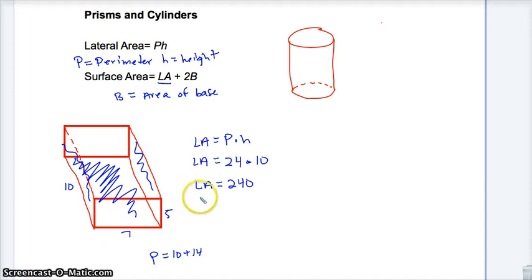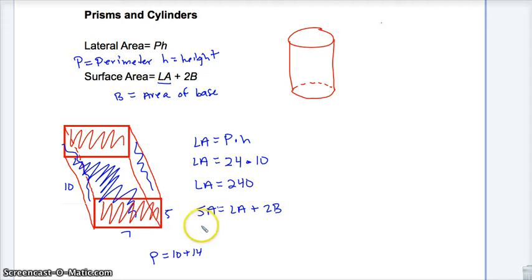Okay? Now, to figure out the surface area, we need to take our lateral area and then add on my two bases. So you'll remember the bases are these faces here. So my lateral area we found was 240.